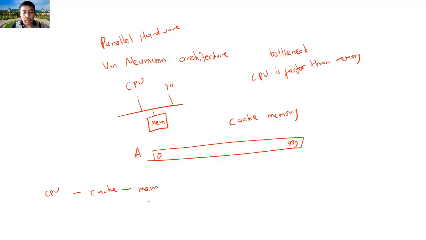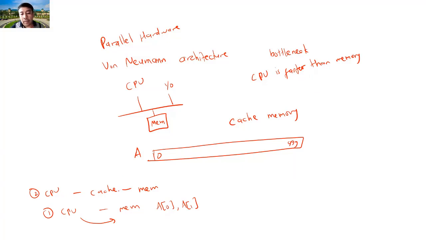So rather than going directly from CPU to memory, as in the first scenario, where you just read one by one, A0, A1, and so on. Remember that an instruction to fetch from memory takes a long time compared to the processor speed, as we have seen in the calculation.